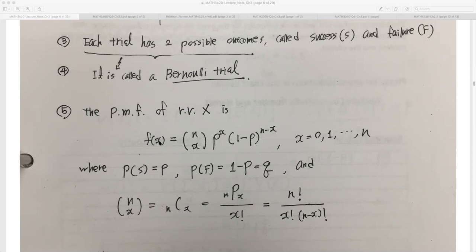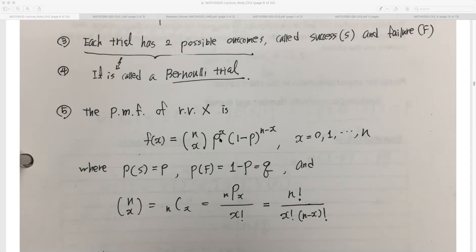Considering getting a head as success and getting a tail as failure, mathematically we can express this as f of 2, because in the binomial distribution the random variable X denotes the number of successes. So f of 2 is equal to, with n the total number of trials you did, which is 10, and x is 2.